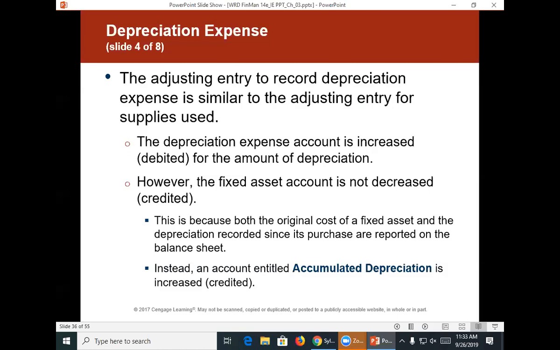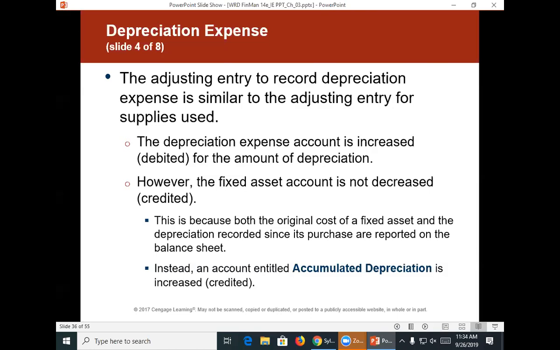So we create a new account that's called accumulated depreciation. And that's the account that we credit. And we'll have an accumulated depreciation account and a depreciation expense account for every fixed asset we own. So if we own a vehicle, it would be depreciation expense vehicle, accumulated depreciation vehicle.